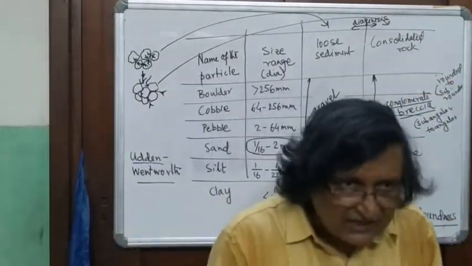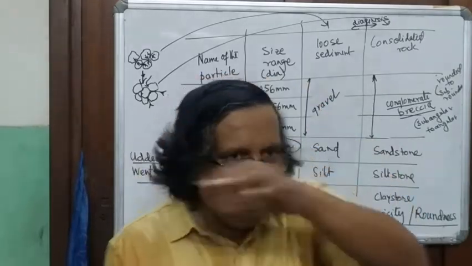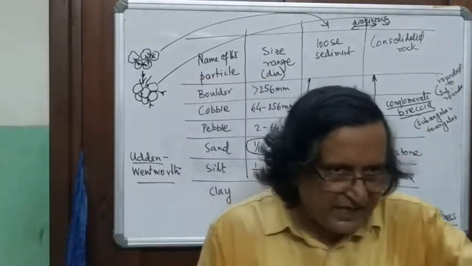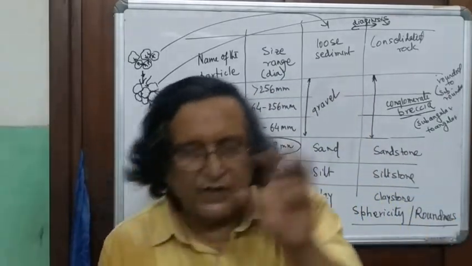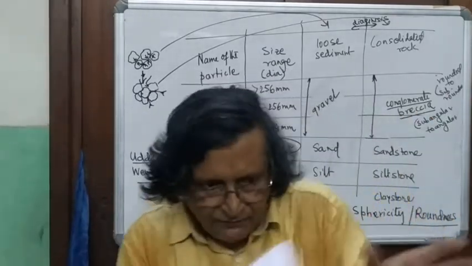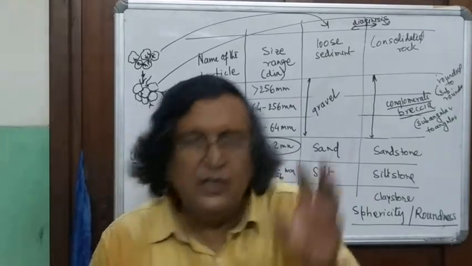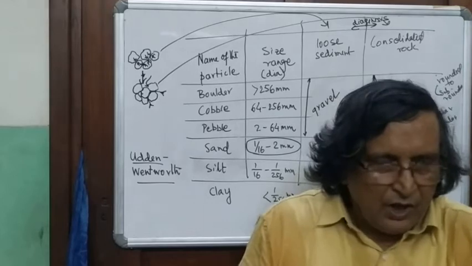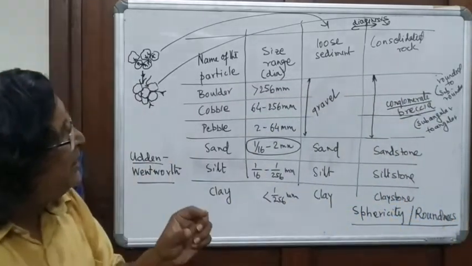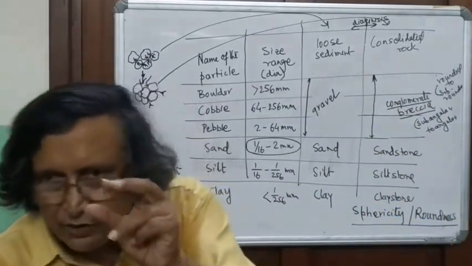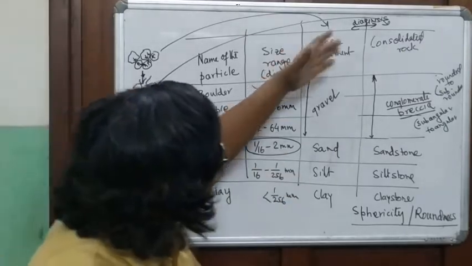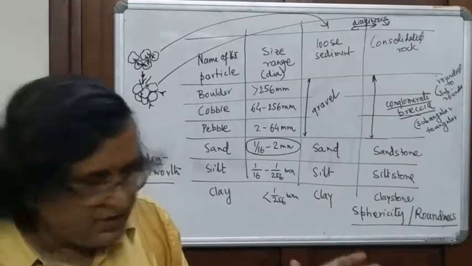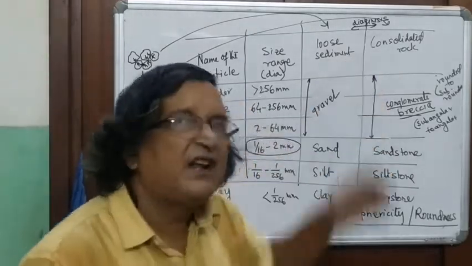What is a clast? A clast is a fragment that is broken and transported from its place of weathering to its place of deposition. So any time you can trace it, that is the name given to the rock. These are the rock types that are named. So these are the classification of clasts.